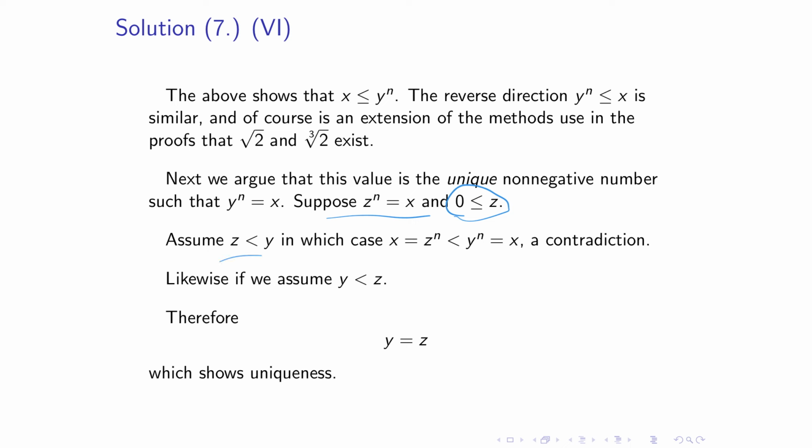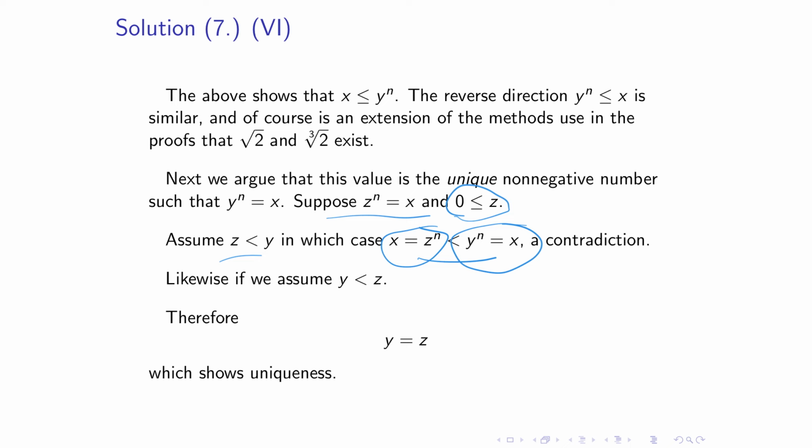Well, as may be somewhat predictable, given the themes of our proofs here, we will assume for contradiction that z is smaller than y. If z is smaller than y, we know that z to the n is smaller than y to the n. That's something we have from an earlier result. Well, z to the n was assumed to be the same as x. Y to the n is assumed to be the same as x.